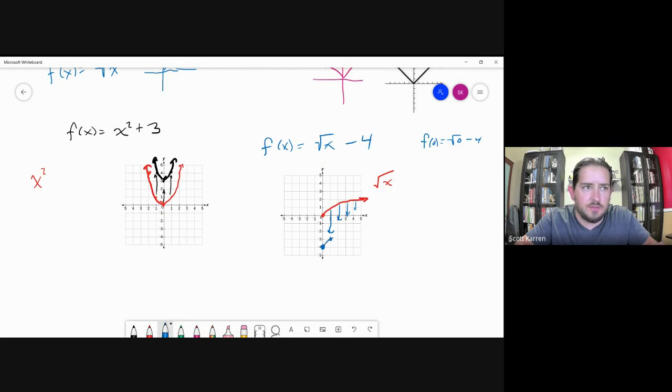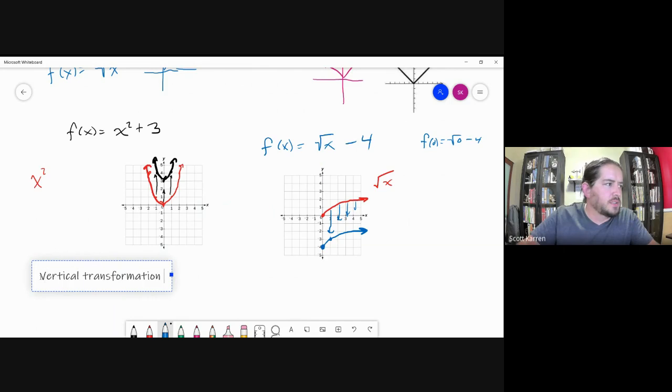And so my graph then should look like this. I've just moved it all down 4, right? So that is called a vertical transformation.